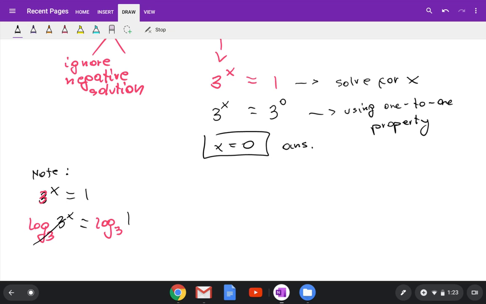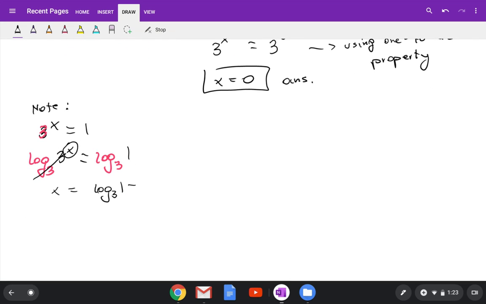So here that will cancel because the base of the log is the same as the base of the exponent, and we end up with x equals log base 3 of 1. And log base 3 of 1 is 0, because I want to review here the property: log base a of 1 is always equal to 0. So it doesn't matter how you're solving, you're still getting the same solution, which is 0.